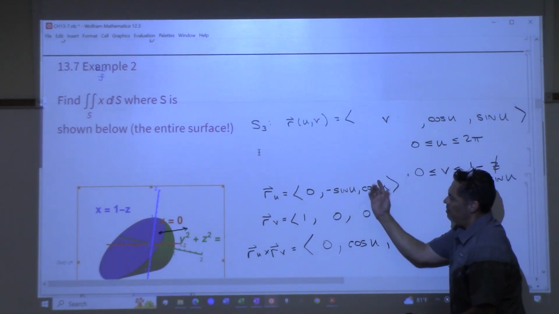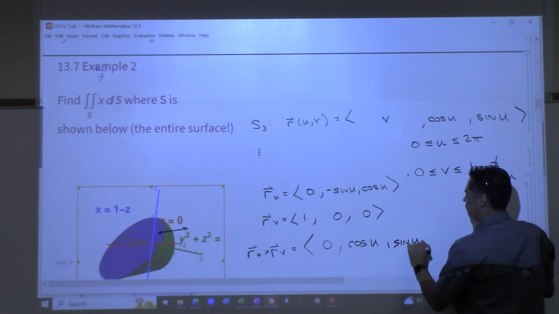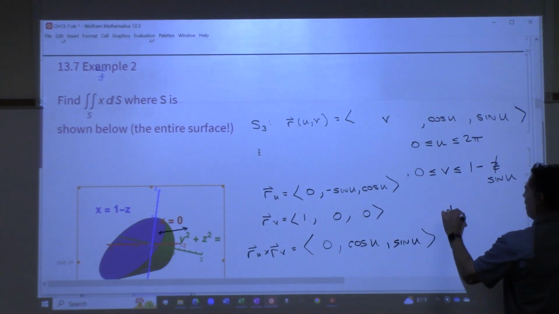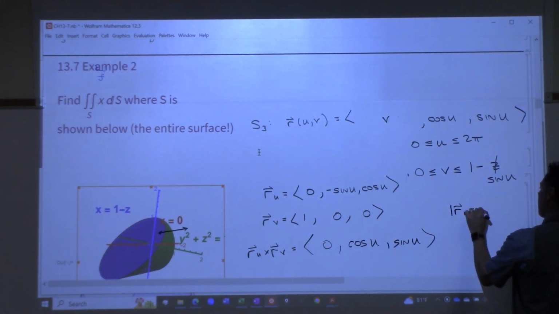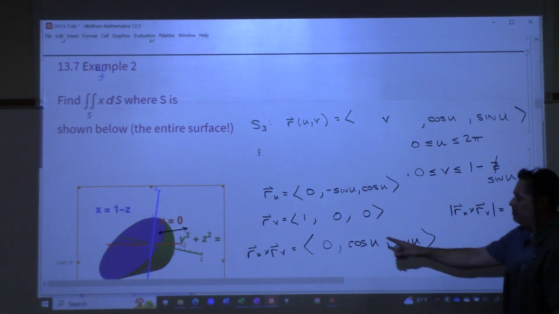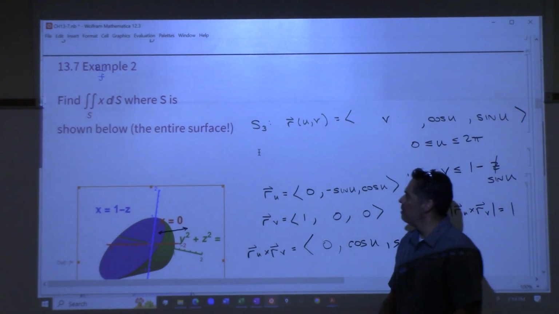So there, 0, and then here to here, minus minus plus sine u. Happy about this, right? Because the magnitude of that is 1. Square it, square it, square it, add them together, Pythagorean, you get 1.